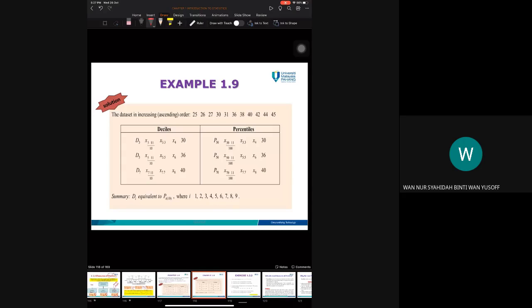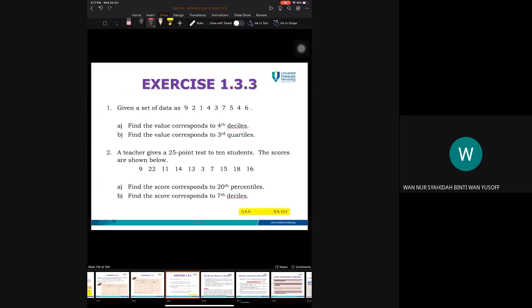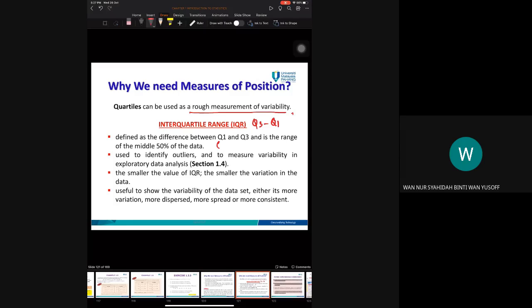So why do we need measure of position? We discuss in the exercise. One of the reasons why we have quantile here is that it is a rough measure of the variability. So we can use the interquartile range to discuss variability in a data set.